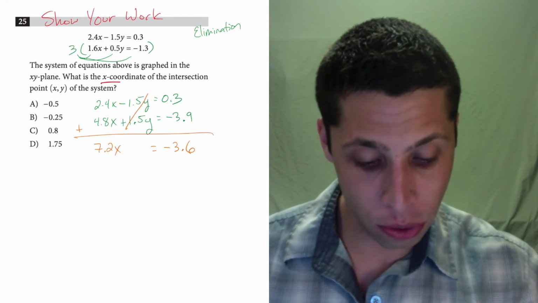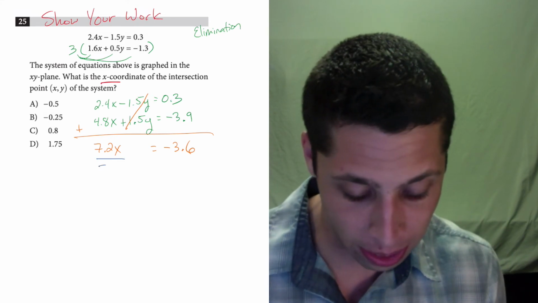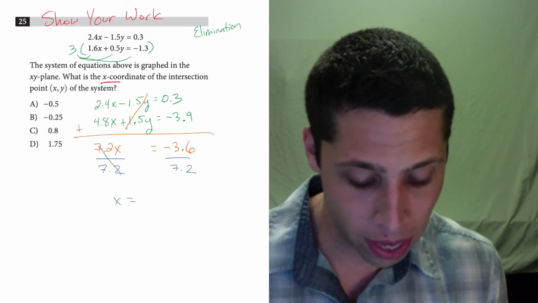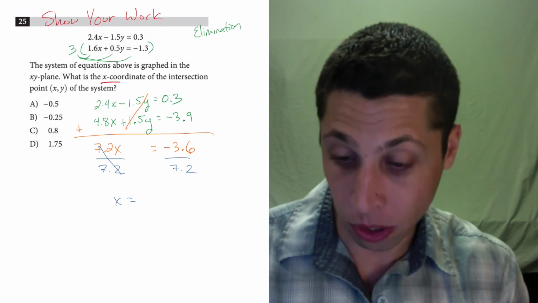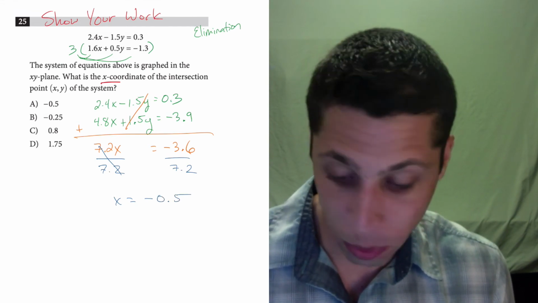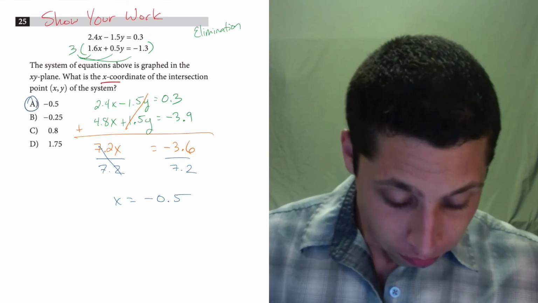And now I can just do some kind of regular algebra here to solve for x. So I would just get x by itself by dividing by 7.2. So x is equal to negative 3.6 divided by 7.2, and x is negative 0.5, which is choice A, and that is the answer.